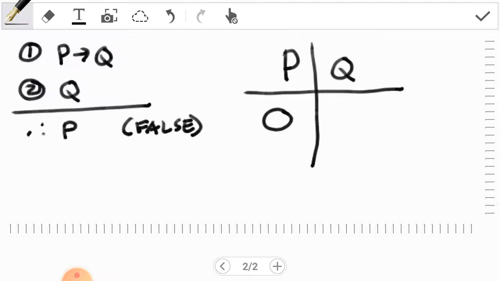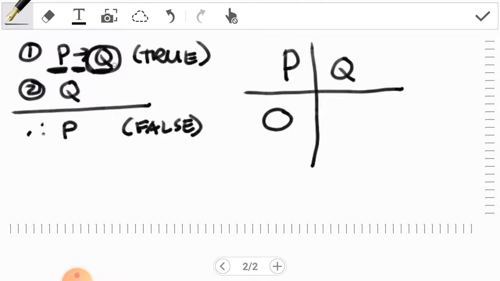Now, going to our premises, we want to make each premise true. If we want the first premise to be true, clearly, if P is false, since this is a conditional statement, then this entire proposition will be true regardless of the value of Q, because P is false.